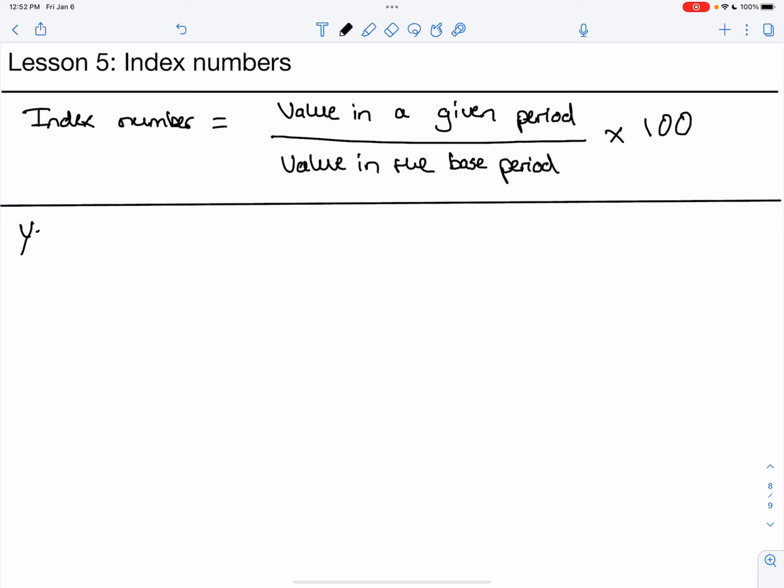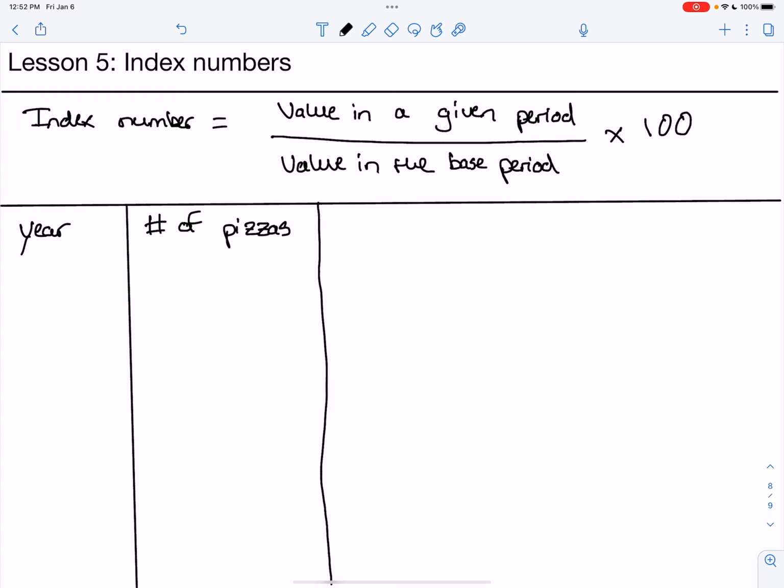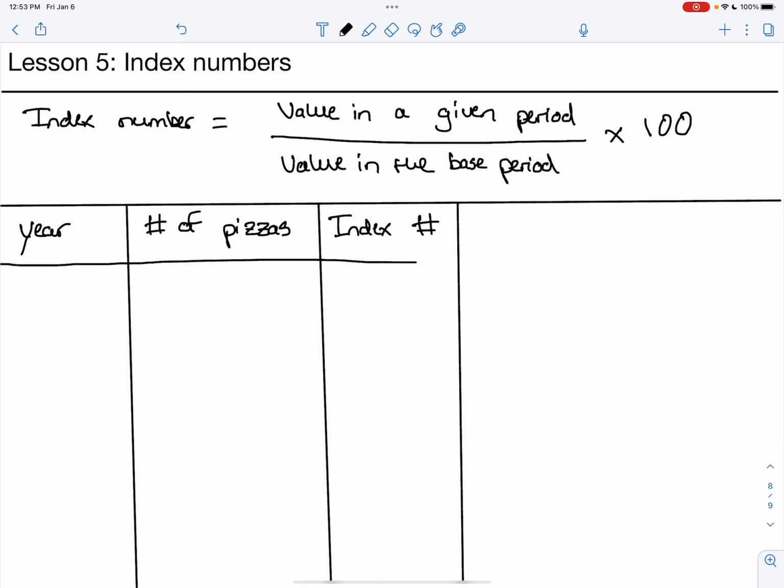We have the year in one column, the number of pizzas in the next column, and then we're going to make a column for the index number. All of this is about to be demystified for you. Like I said, we have data from 2010 to 2015, so let's just list the years.